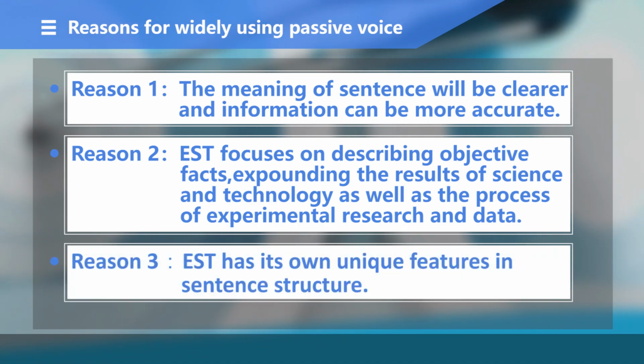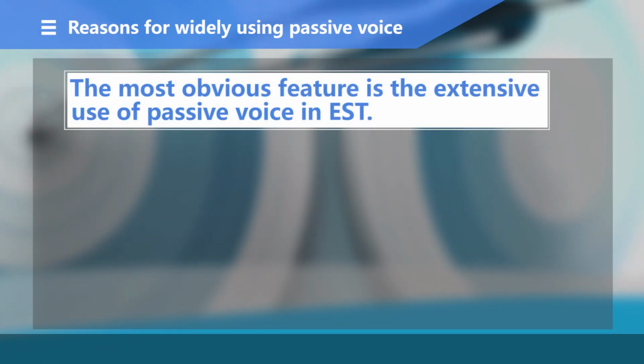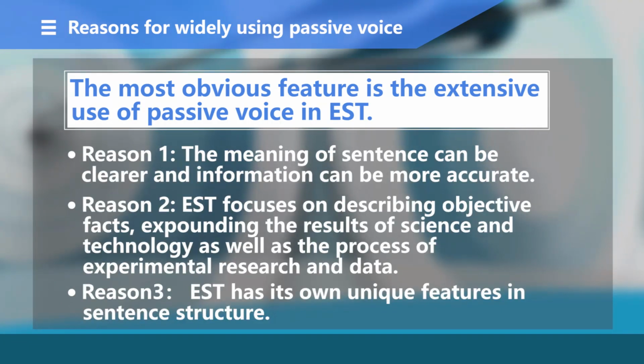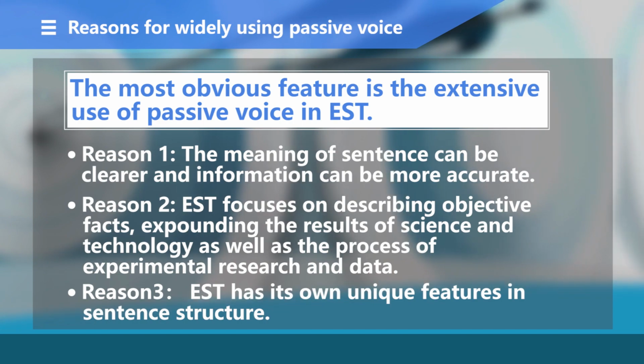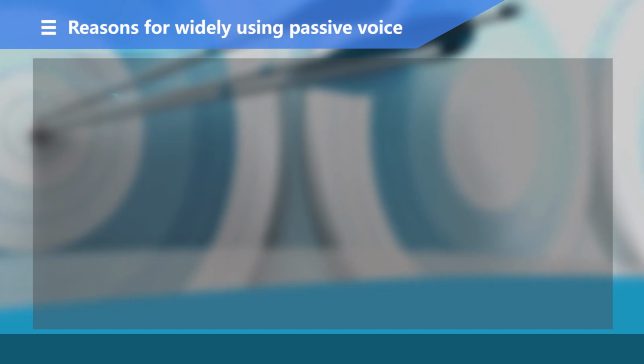Reason 3, EST has its own unique features in sentence structure. From the above reasons, you'll see that the most obvious feature is the extensive use of passive voice in EST. Please see example 4.